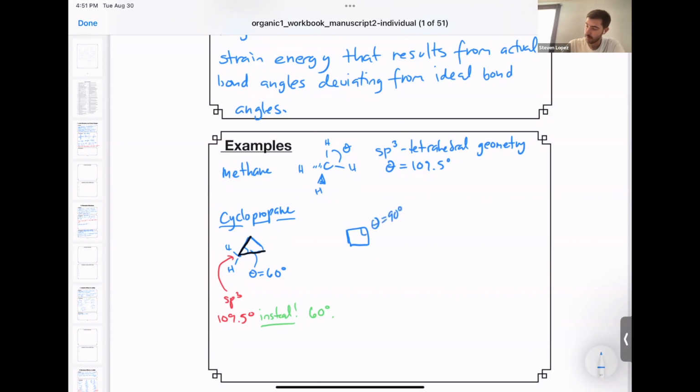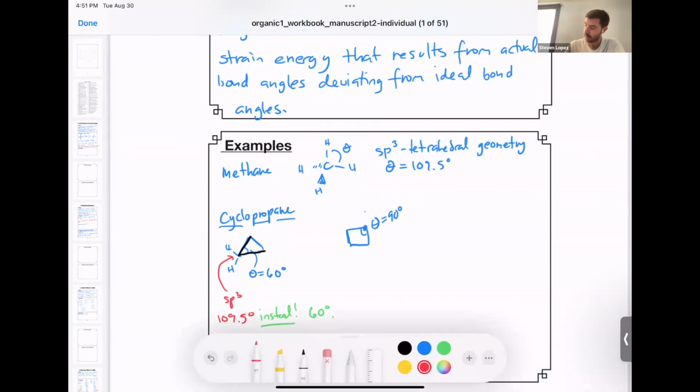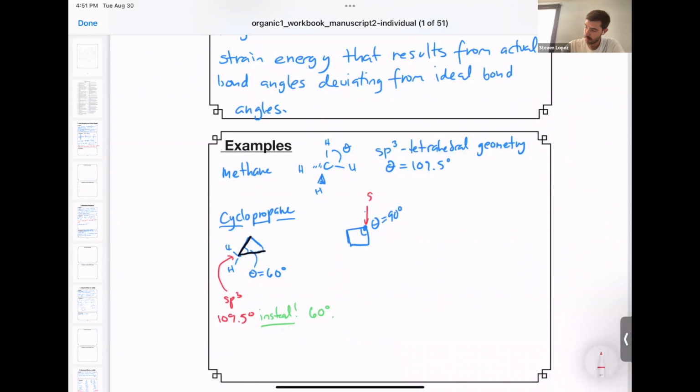And again, this carbon is sp3 hybridized, which means it should be, again, 109.5 degrees, but instead, it's now 90 degrees. Okay, so it's closer now to the 109.5, but still doesn't exactly match it, which means that this structure is also going to be high in energy due to angle strain.